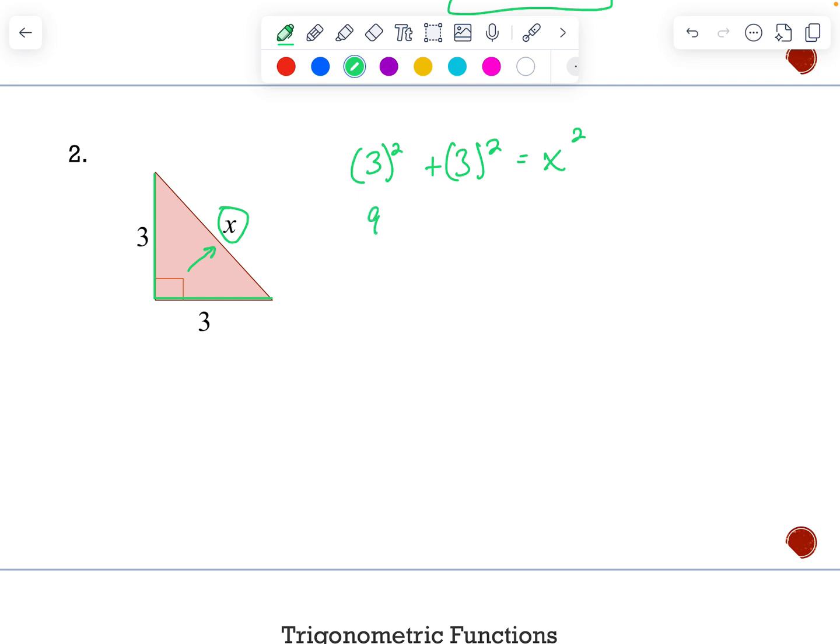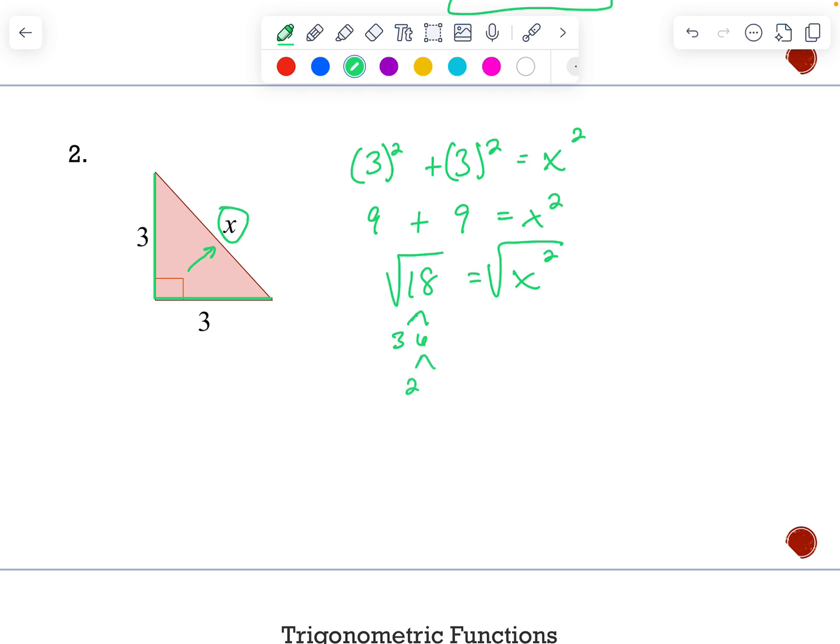If I do some simplifying, 3 squared is 9, 3 squared is 9. 9 plus 9 gives me 18. And then take the square root of both sides. We're going to break down my square root of 18. If I come up with any two factors of 18, you could use 2 and 9, you could use 3 and 6. I'm going to use 3 and 6. 3 is prime, 6 is not.